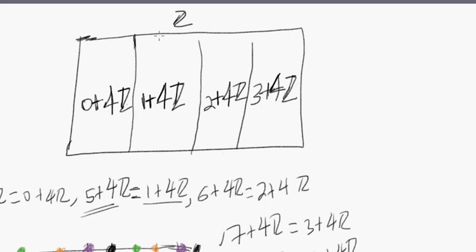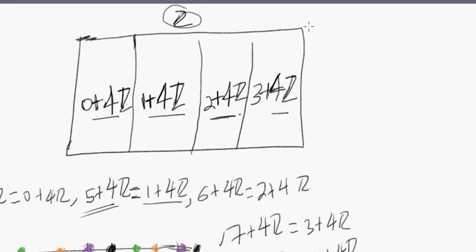That is, the set of integers can be partitioned into elements of integers that belong to this coset, elements of integers that belong to this coset, and this coset. So please do check that the cosets 0 plus 4z, 1 plus 4z, 2 plus 4z, 3 plus 4z are enough to partition the set of integers, right?